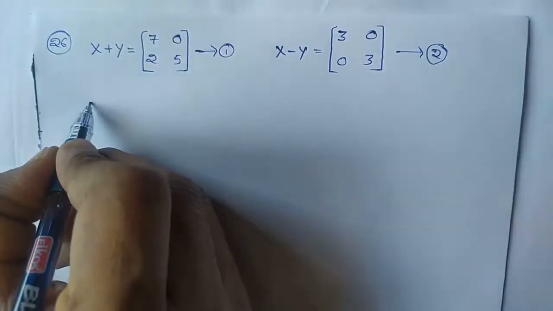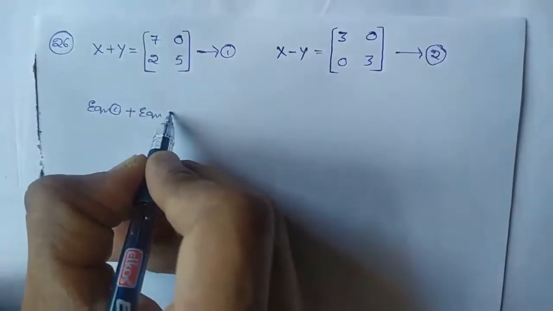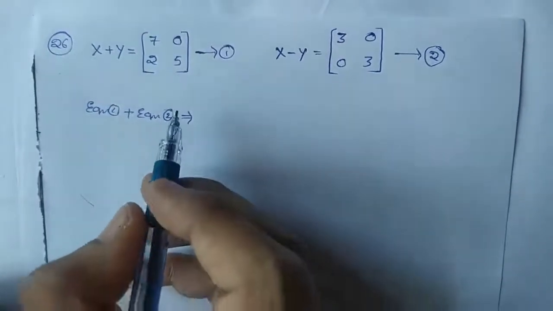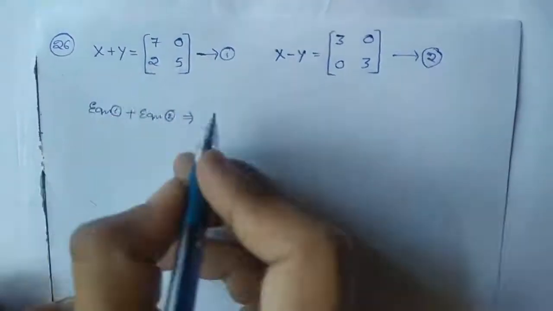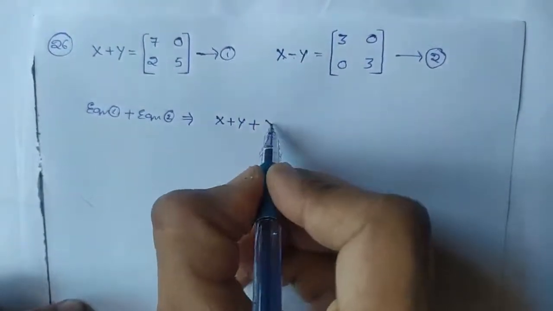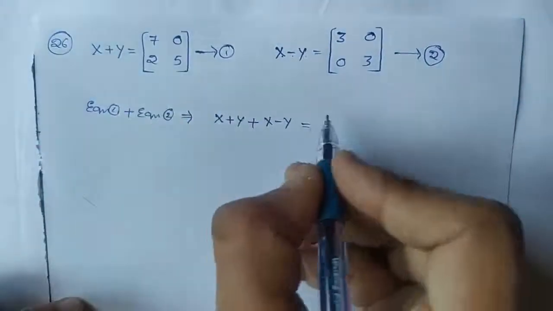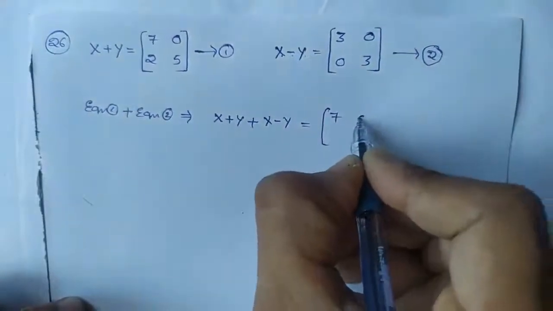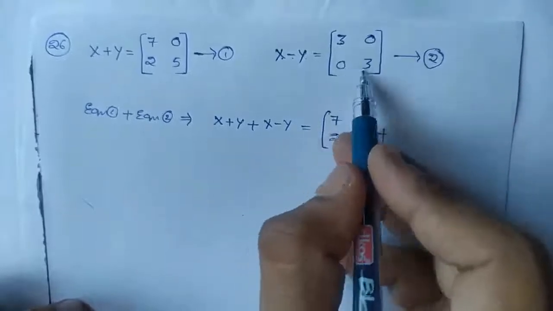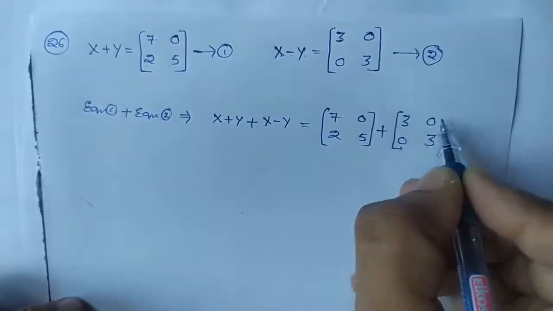Adding equation 1 plus equation 2, on the left side we have x plus y plus x minus y, equals, next add the right hand parts, [7 0; 2 5] plus [3 0; 0 3].